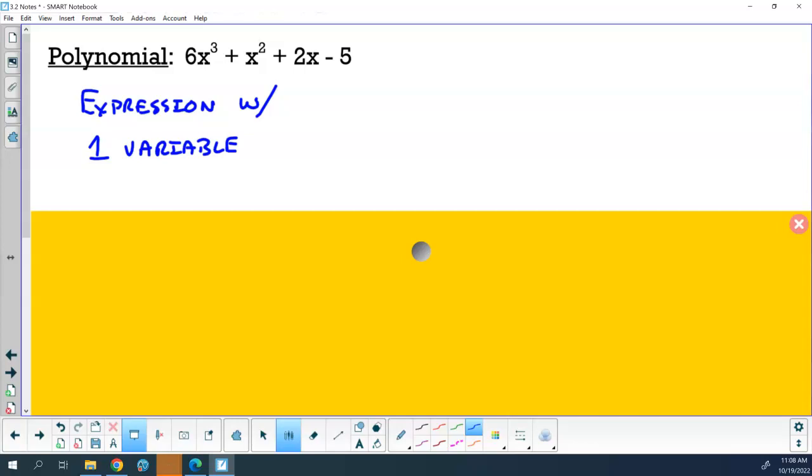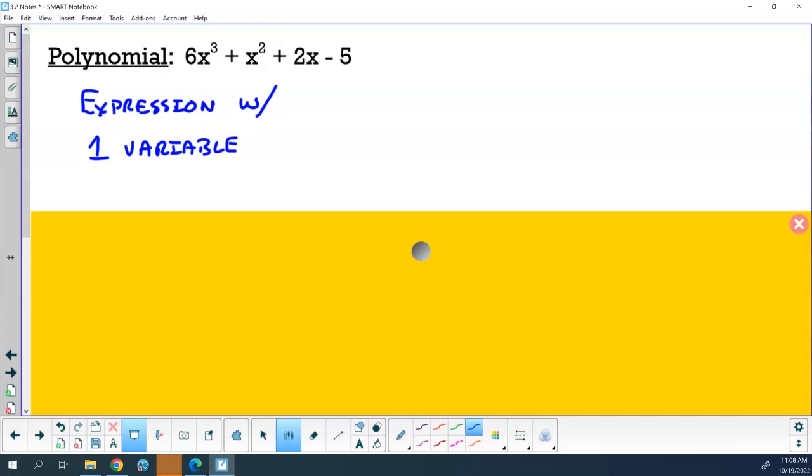Most of the time, that variable is going to be x. But it might not be. For instance, number 1 in your homework is not. And you're going to have different terms. This particular polynomial has 4 terms in it.